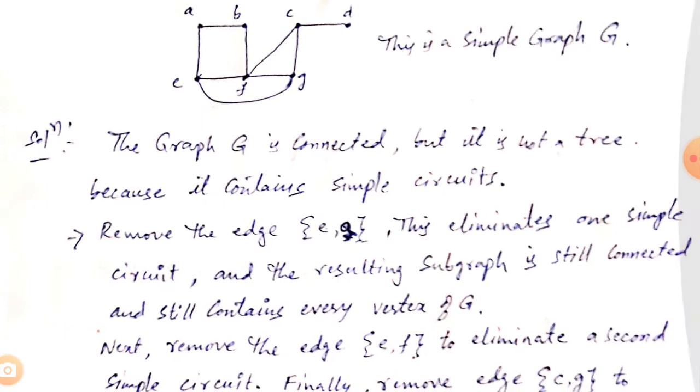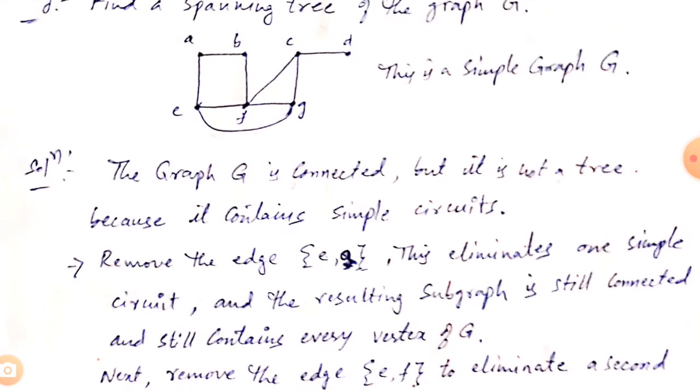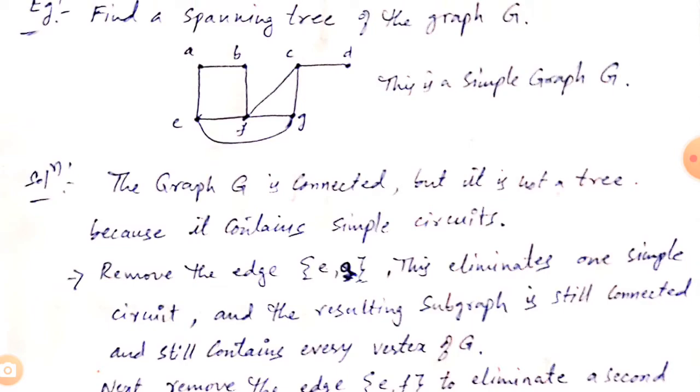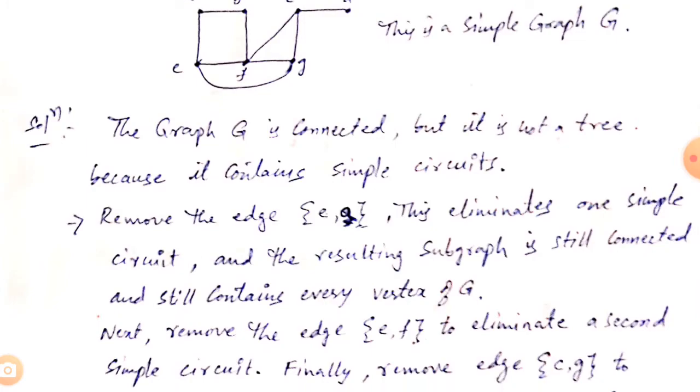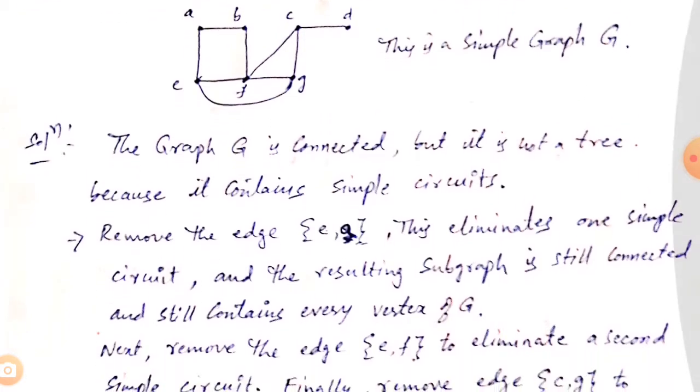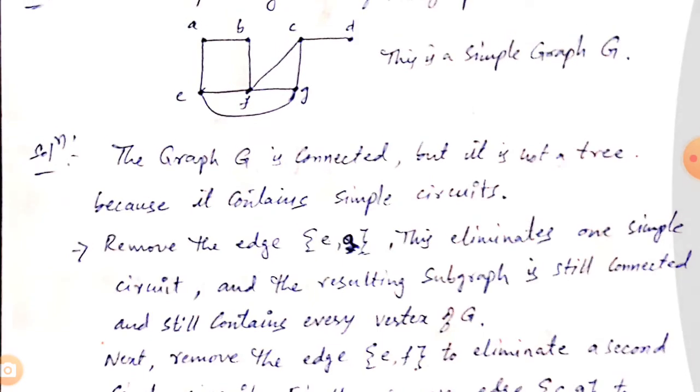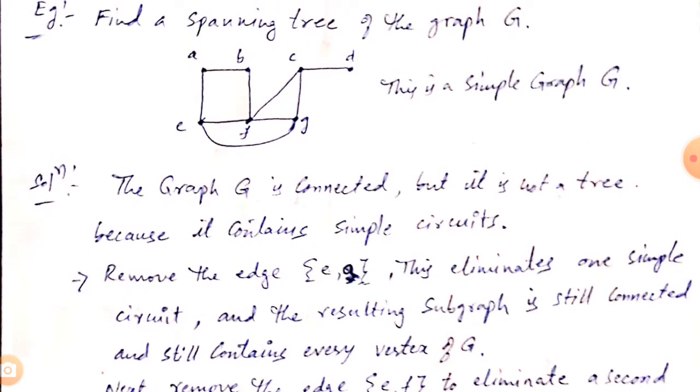Now you can observe the resulting subgraph, without the edge EG, is still connected and still contains every vertex of G. We are not removing any vertex of G. But you can observe that it is still not a tree, because there is again a circuit.